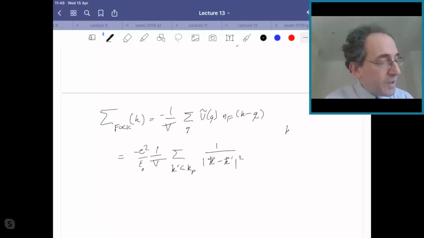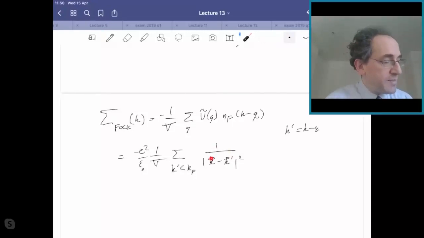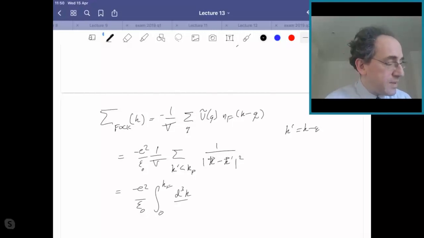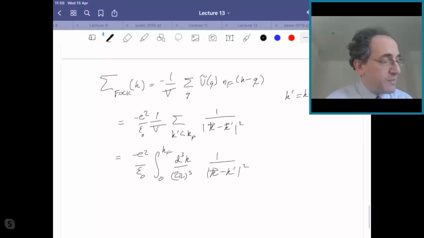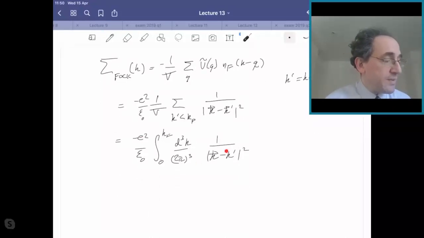We can turn this sum into an integral, which is convenient: e squared over epsilon naught, integral from 0 to kF, d3k prime over (2 pi) cubed, 1 over k minus k prime squared. So this is the expression that we want to evaluate.